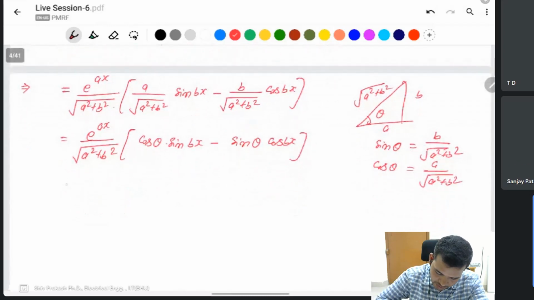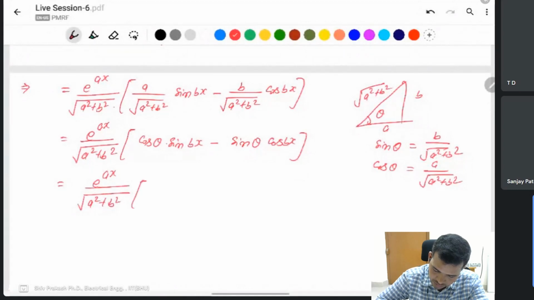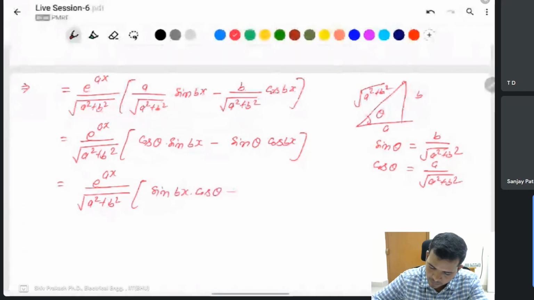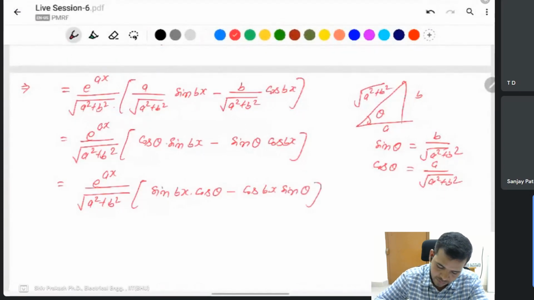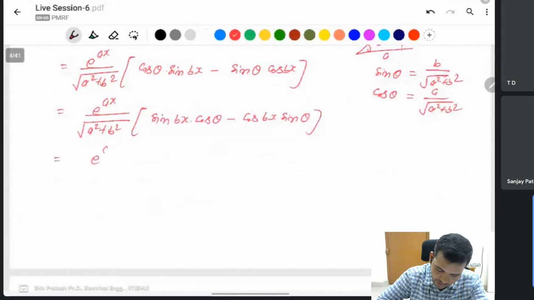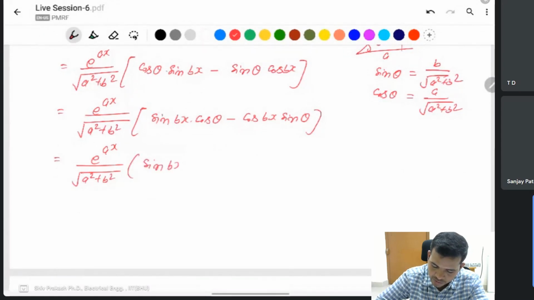You can rearrange this one, like sin cos, then we finally find sin of bx minus theta.